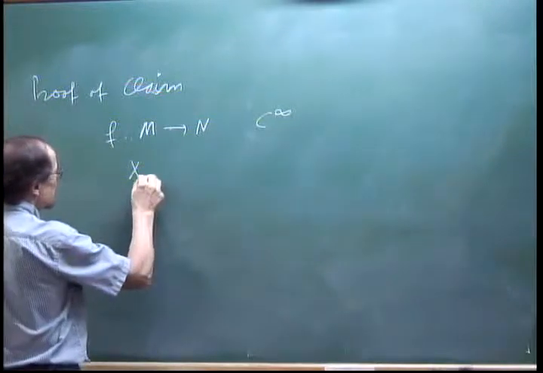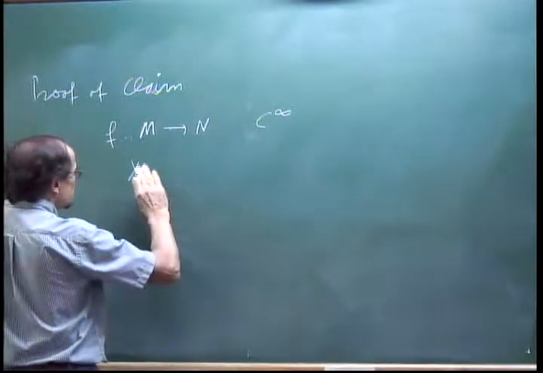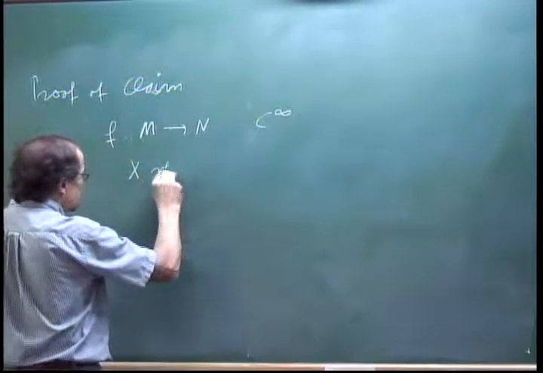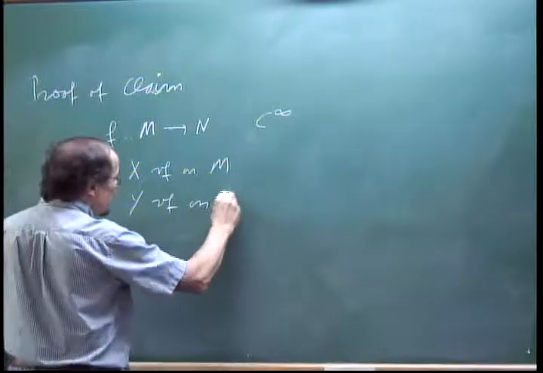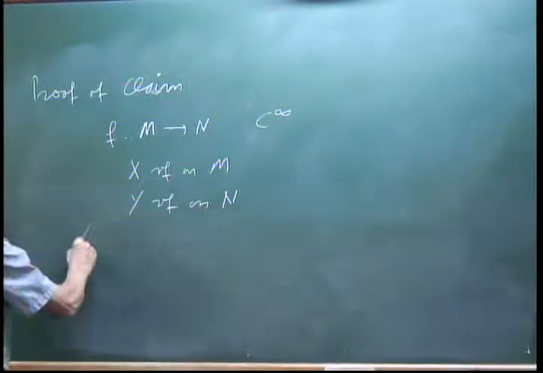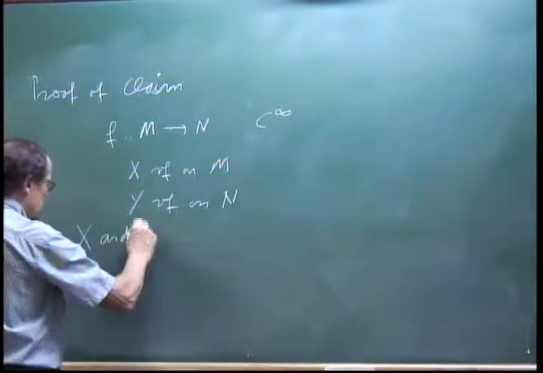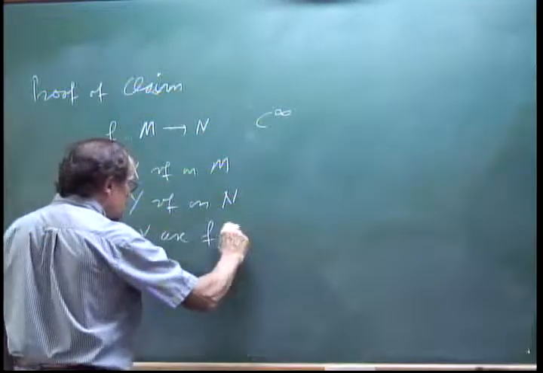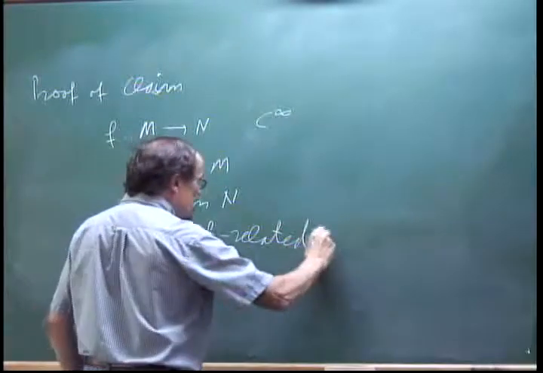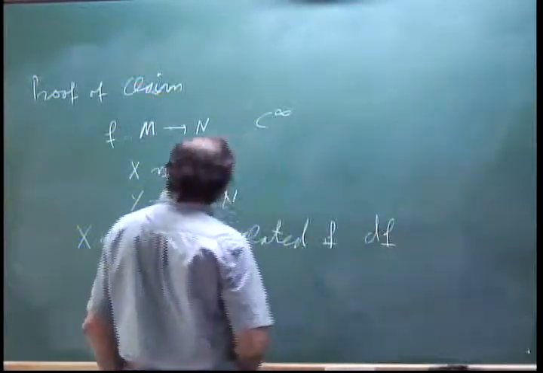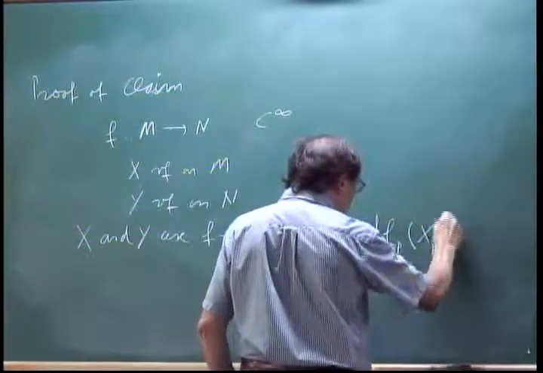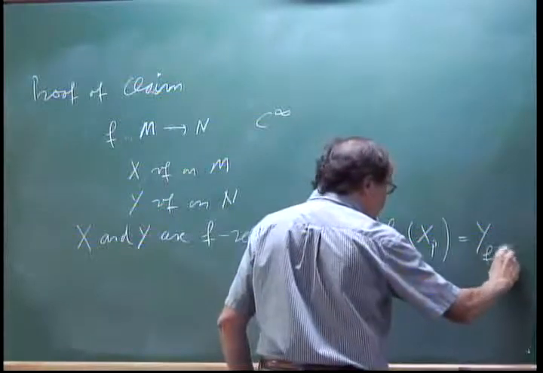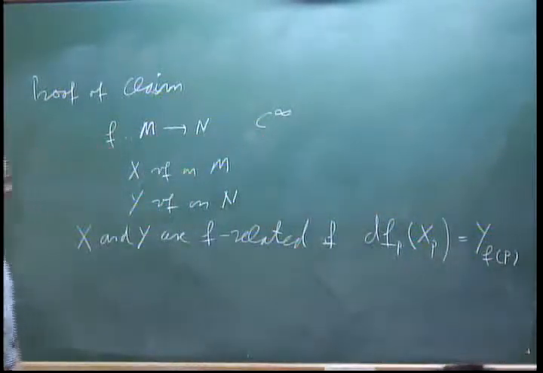Say X is a vector field on M, and Y is a vector field on the range N. Then I'll say X and Y are F related if the derivative of F at a point P applied to X at P is Y at F of P. Then I call the two vector fields F related.